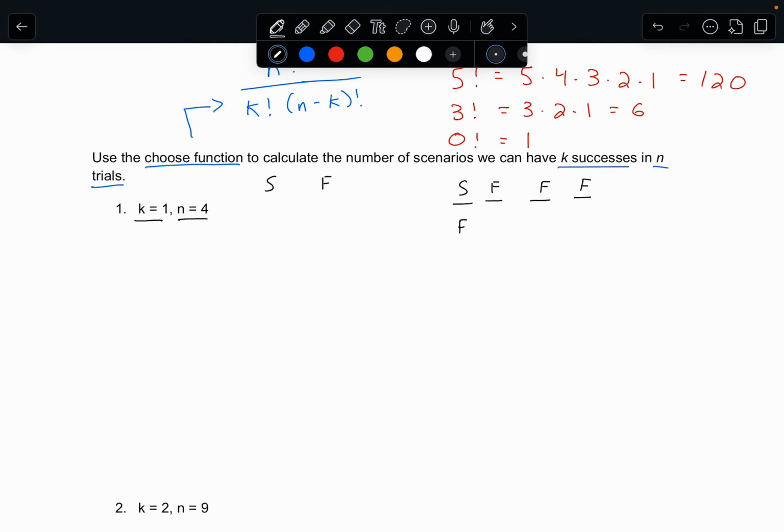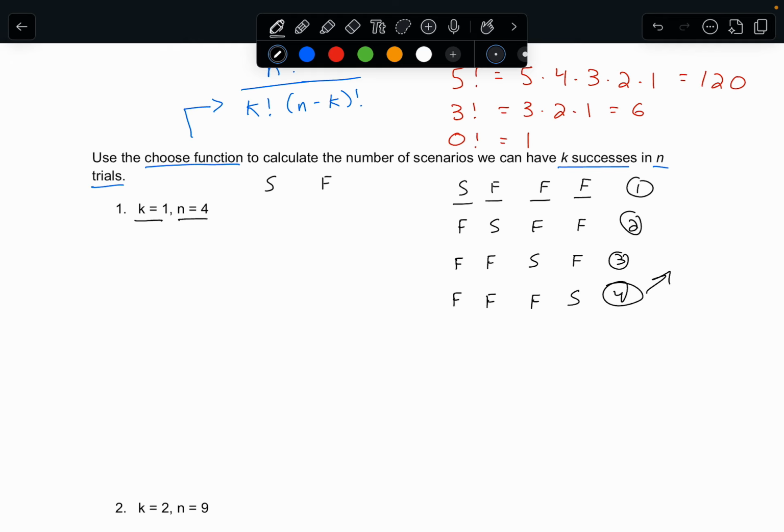We could arrange that in a number of different ways. Perhaps the first is a failure, but the second is a success, and the last 2 are failures. Really what I'm going to do is slide that success along. Now the success happened in the third event, and in this case, it'll happen in the last. So I've got 1, 2, 3, 4 different outcomes that I can have. So I should end up with 4.